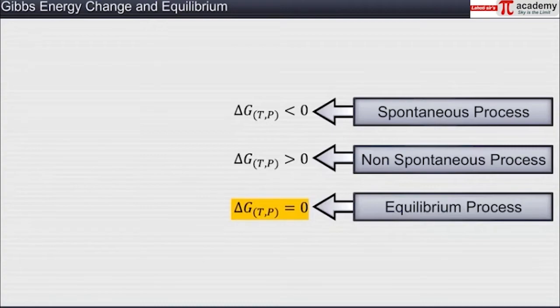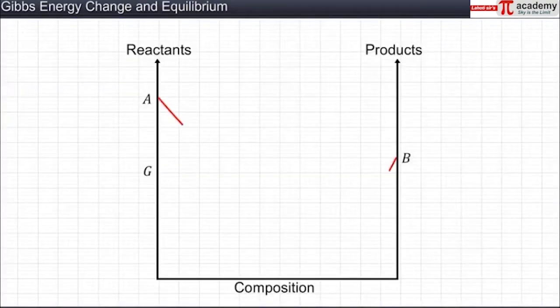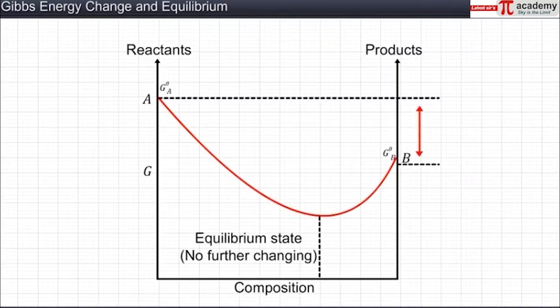Now, let's look at Gibbs energy for reversible reactions. We know that during a reversible reaction, a process or reaction can proceed in either direction simultaneously, so that a dynamic equilibrium is set up. Reversible means that the reactions in both the directions should proceed with a decrease in free energy, which seems impossible.